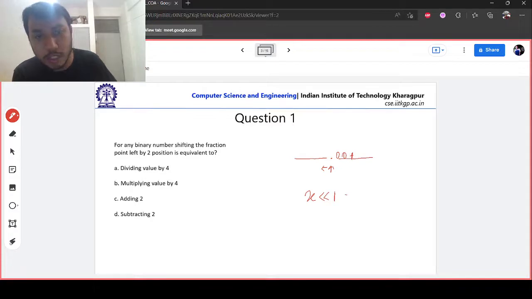If we do this, it means we are dividing the number by 2. Again, if we shift by 2, this means we are dividing the number by 4. This is one bit.